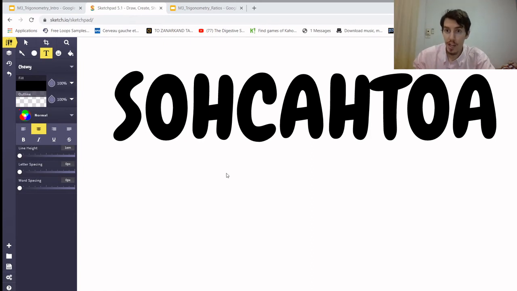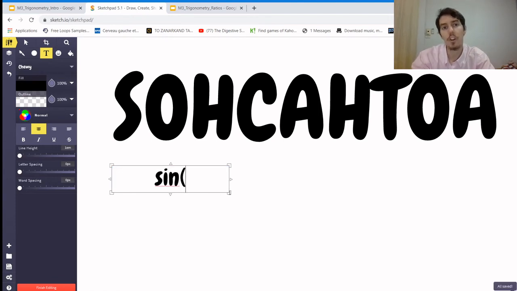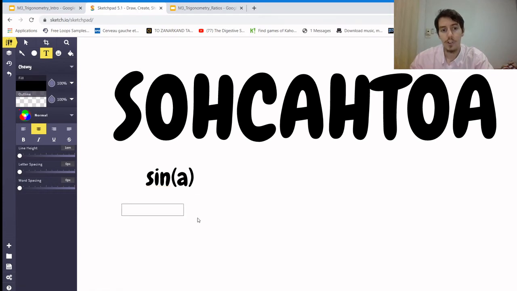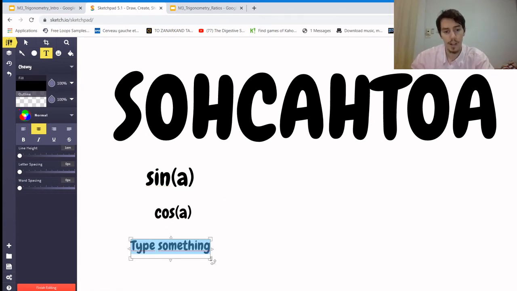So we know that there are three ratios, right? There is sine theta. Well, I cannot make a theta here, so I will make an A. Sine A, cosine A, and tangent A. There are the three trigonometric ratios that we have to remember. Three ratios, three sides.